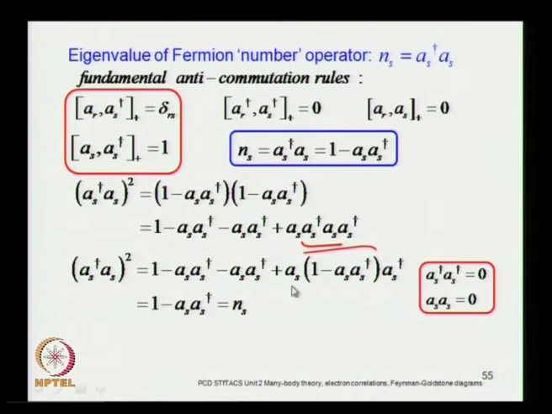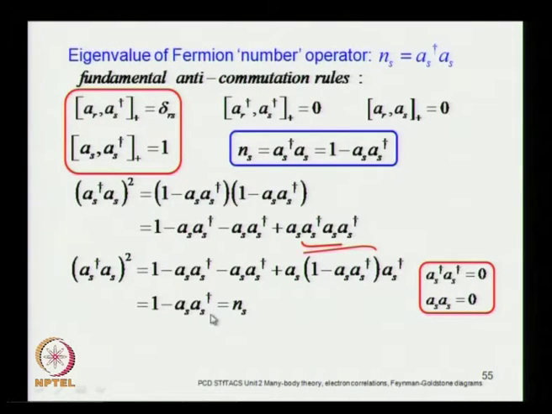From this you get a_s a_s dagger multiplied with a plus sign, which cancels one of these, and you are left with only 1 minus a_s a_s dagger, right. From the residual term you have got a_s dagger a_s dagger, which we saw in the previous discussion already goes to 0. So, you get only 1 minus a_s a_s dagger, which is nothing but the operator N_s itself.